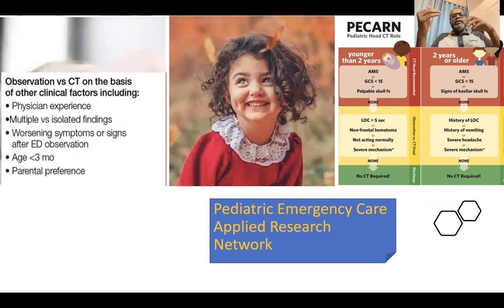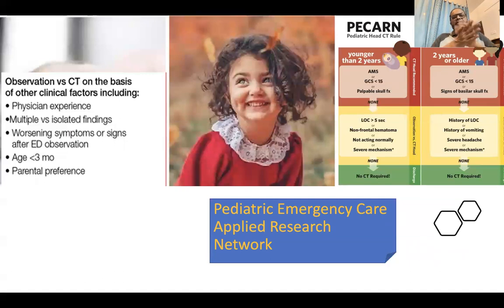observation. Observation versus CT can be decided depending upon physician experience, multiple versus isolated findings, worsening symptoms or signs in the ED observation, whether the child is less than 3 months, and parental preferences. But if the child is more than 2 years, you look at the history of LOC, history of vomiting, severe headache, or severe mechanism.